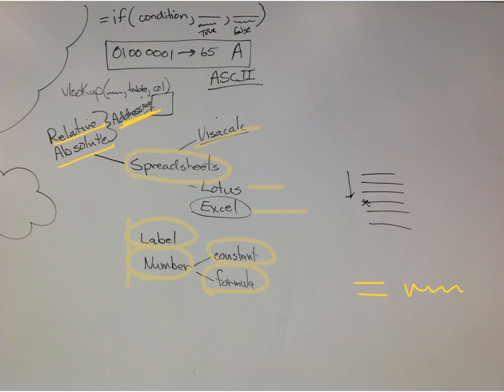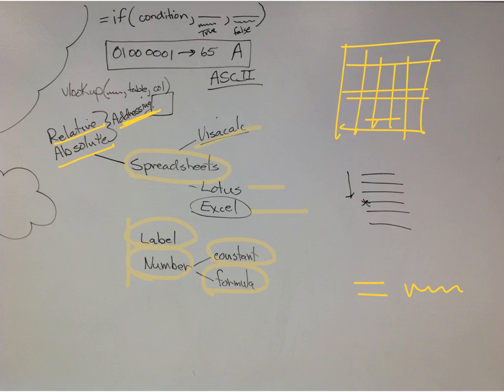What happens when you have a group of cells and you have a formula in a cell and you copy it down or you copy it to the right? What happens? Okay, when you copy it to the right, relative addressing causes the column letters to change. So you go 4 to the right, whatever the column in here is will change 4 to the right. Relative addressing going down changes the rows numbers.